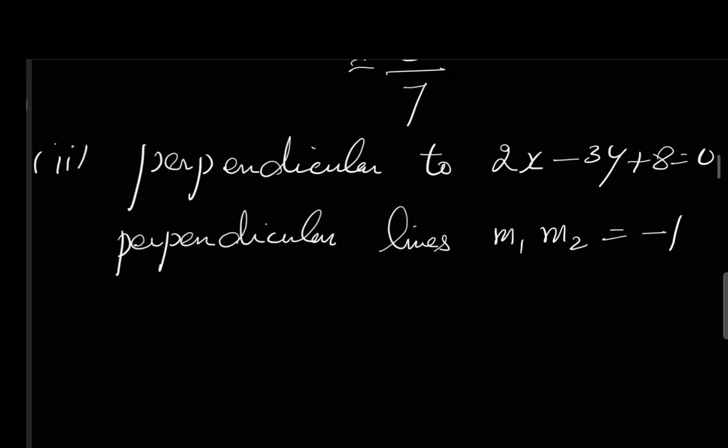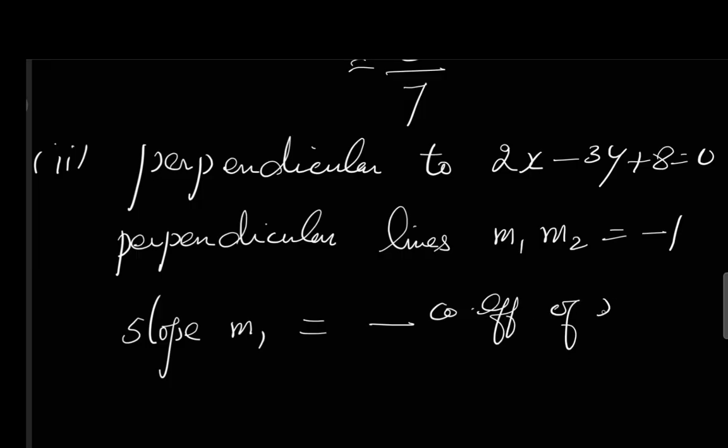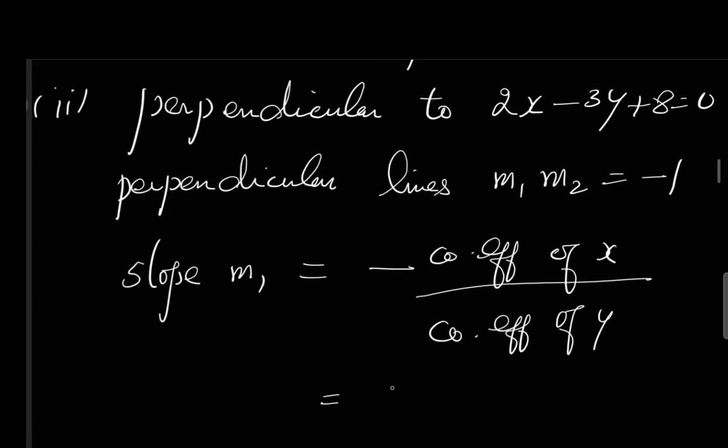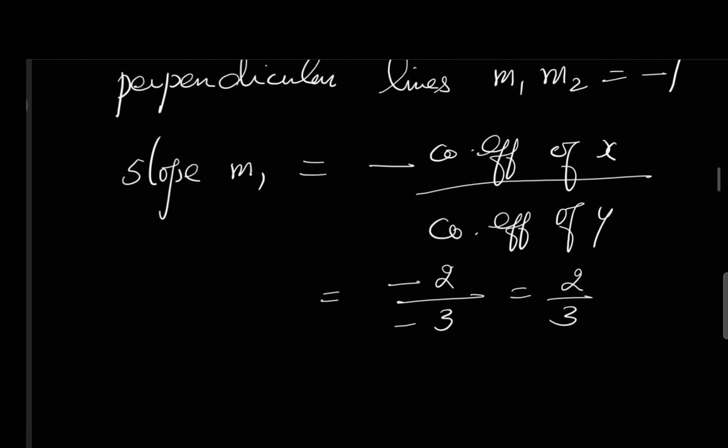So first you find the slope of the given line. Slope m1 is equal to minus coefficient of x divided by coefficient of y. So minus coefficient of x is 2 divided by coefficient of y, minus 3. Minus cancels. 2 by 3.